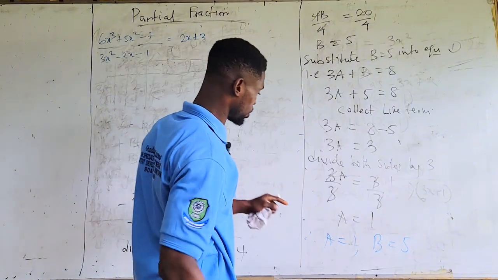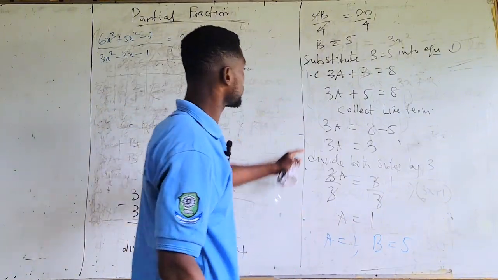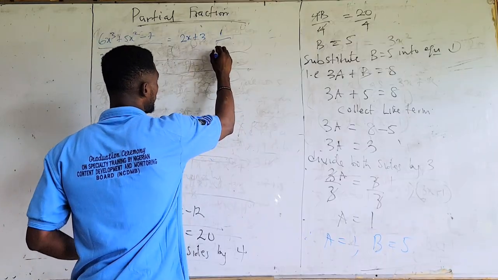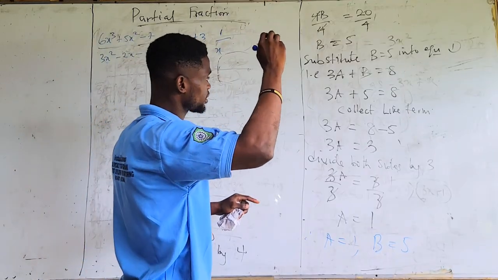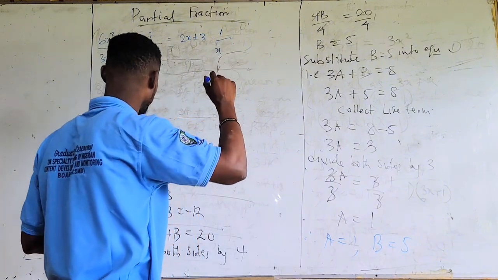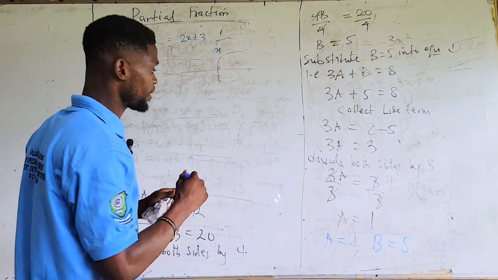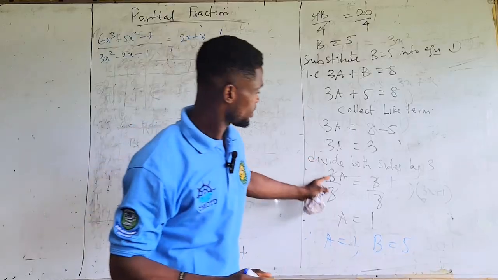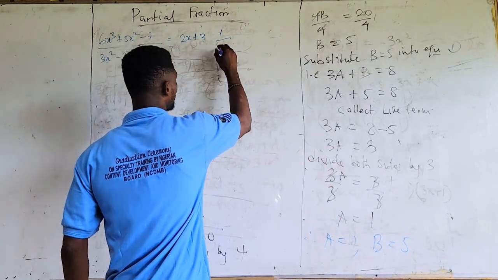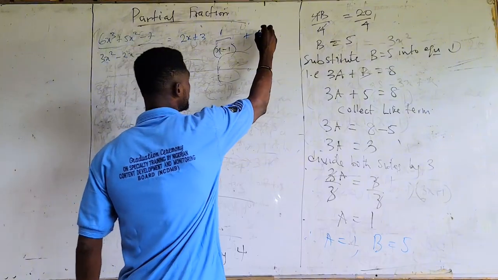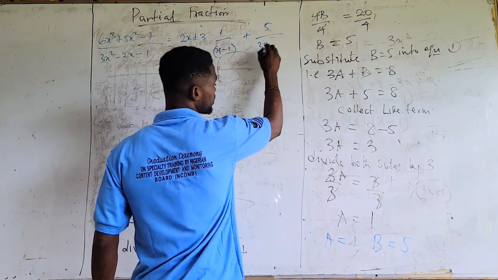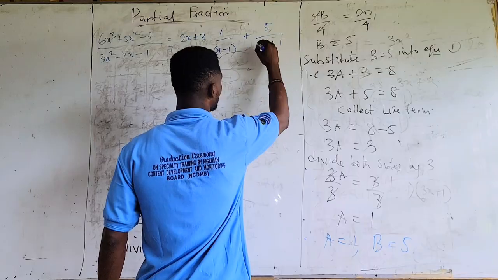While our a is 1, this is 1 over x minus 1, plus b is 5 over 3x plus 1.